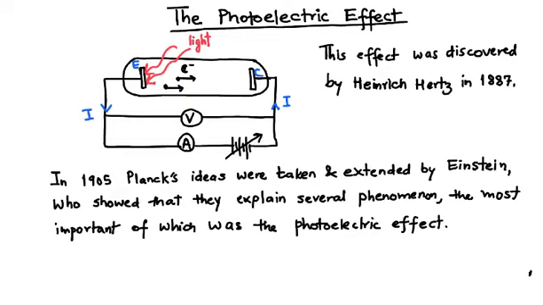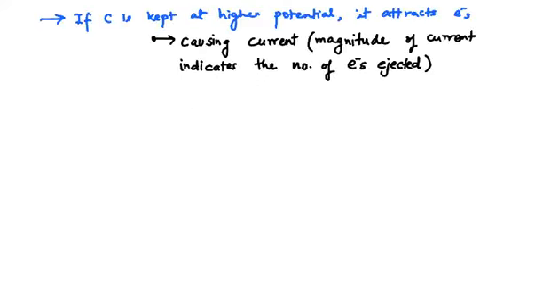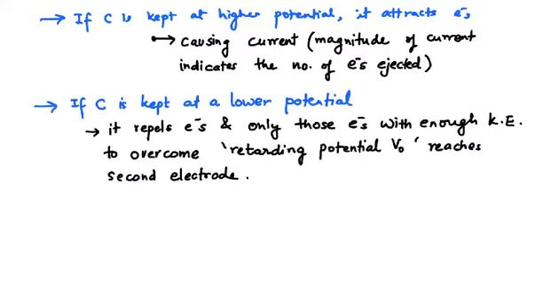Now let's look at a couple of experimental observations. If the collector is kept at higher potential, it attracts electrons, causing current in the circuit. And here the magnitude of current indicates the number of electrons ejected. However, if the collector is kept at a lower potential, it repels electrons, and only those electrons with enough kinetic energy to overcome the retarding potential V0 reach the second electrode.